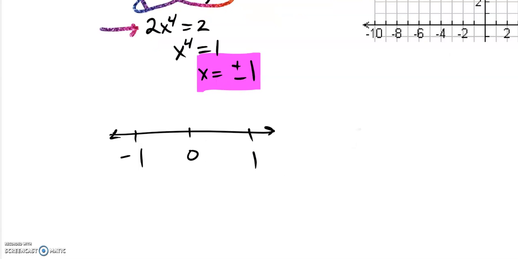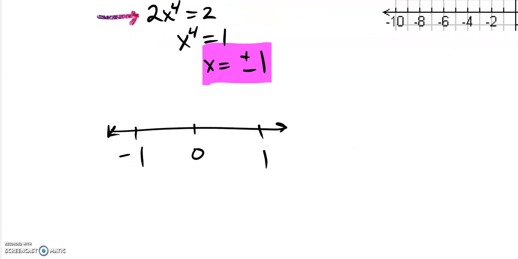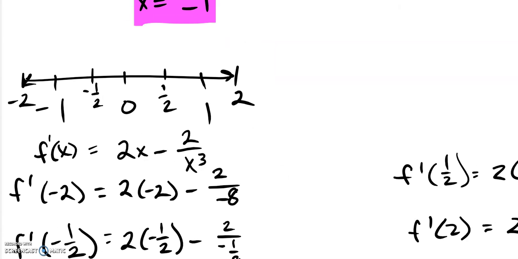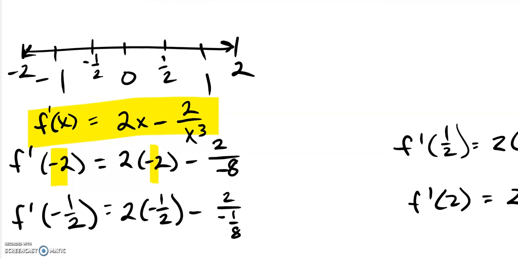So I decided to test values of negative 2, negative 1/2, and 2 to determine if the slopes are increasing or decreasing. So we plug those into our derivative, and this is our derivative right here. That's what I'm using. So I'm plugging negative 2 in there, and when I plug negative 2 in there, you get negative 4 plus 1/4.